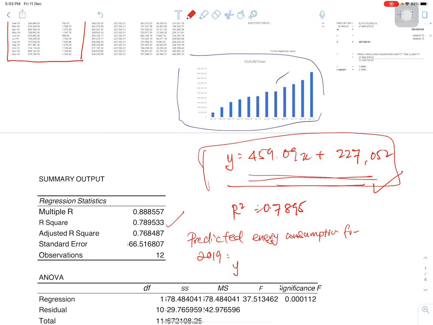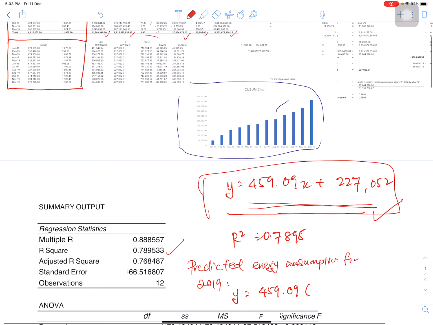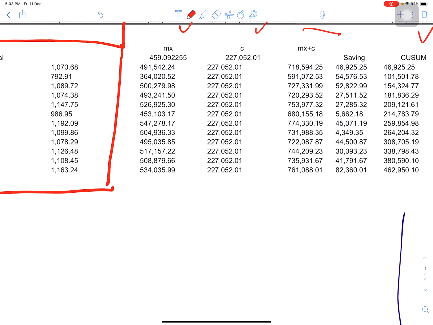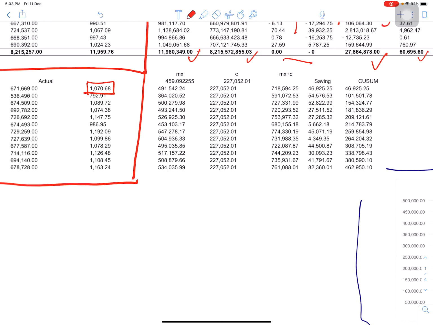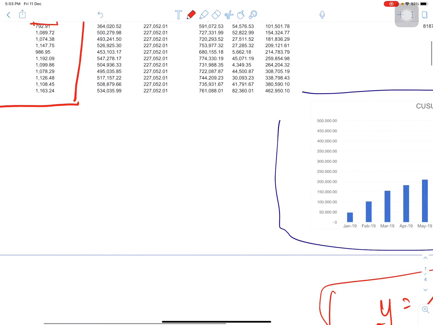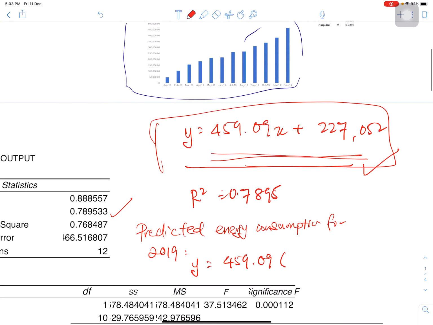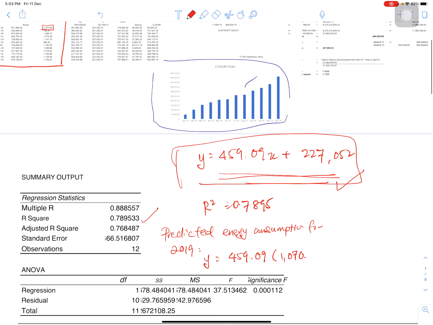So we have here y equal to 459.09. What is the x for January 2019? This is the x of January 2019, so now we have 1070.68.